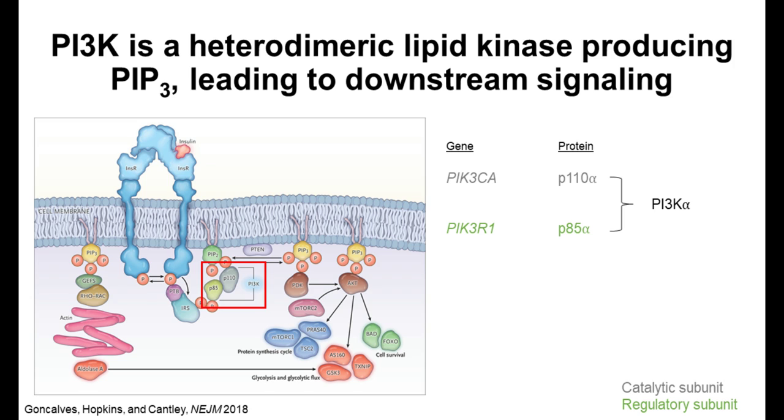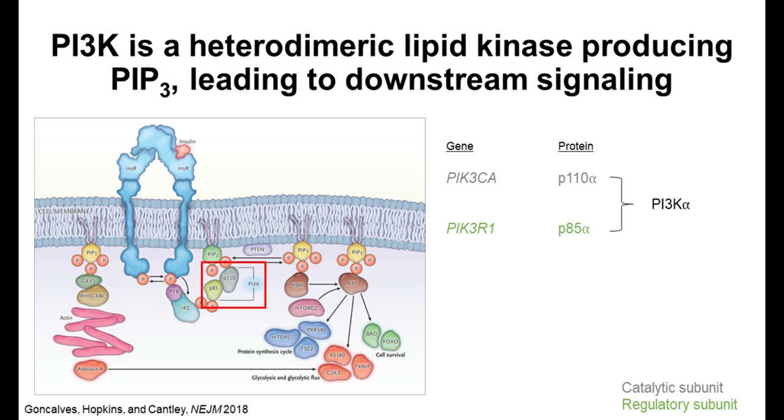The PI3 kinase alpha complex, as shown in the figure outlined in red, sits at the hub in the cell, connecting extracellular signaling, mostly through receptor tyrosine kinases, with intracellular signaling, as shown in the diagram. PI3 kinase catalyzes the formation of PIP3, which is a lipid species with 3 different phosphorylations, from the lipid species PIP2.